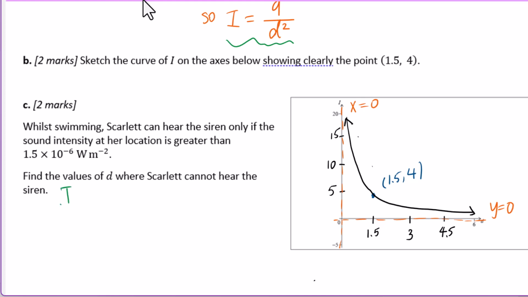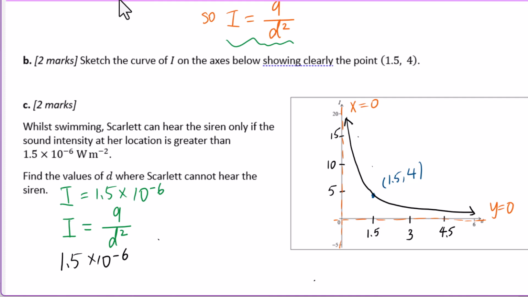We are given I equals 1.5 times 10 to the negative 6 power. We already figured out the formula for I and D. I equals 9 over D squared. 1.5 times 10 to the negative 6 power equals 9 over D squared.